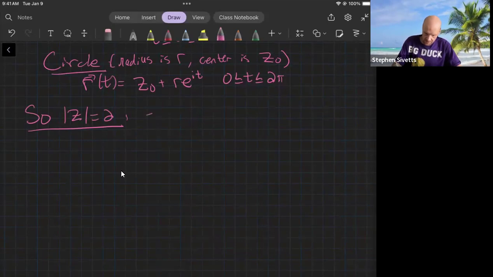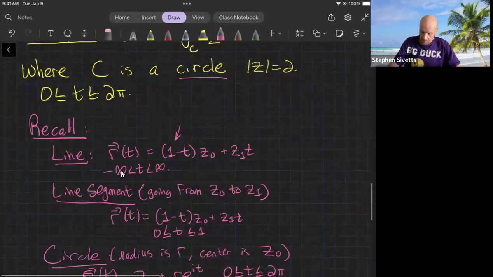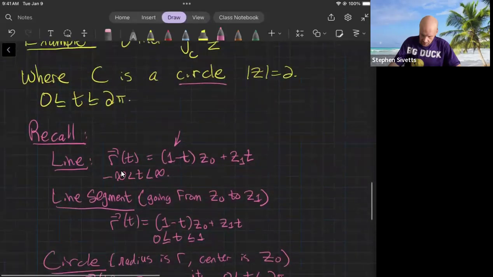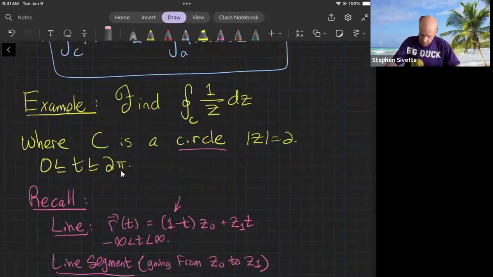Its center is 0, 0, so it's just, oh, the radius, excuse me, I made a mistake.